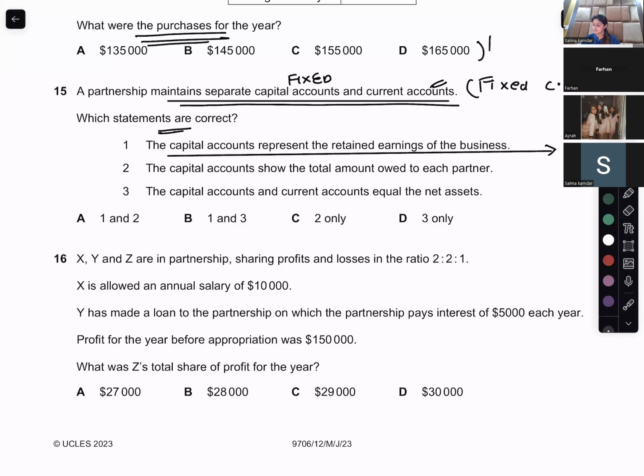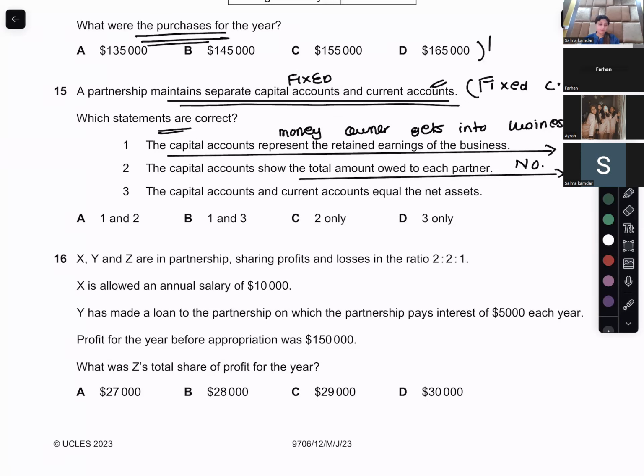The money the owner brings into the business. Does the capital account show the total amount owed to each partner?